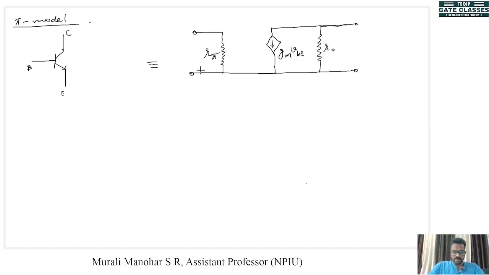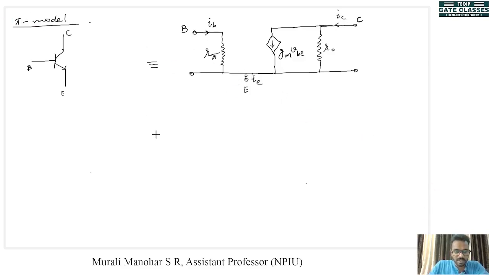Now we know R pi, we have already derived an equation for R pi. This R pi is between base and emitter. So this is base, this is emitter, and this is collector. So the entire common terminal is emitter. Now through base IB flows, through emitter IE flows, and through collector IC flows.